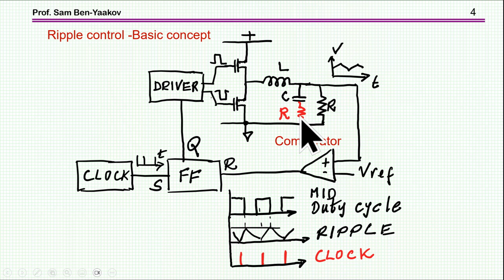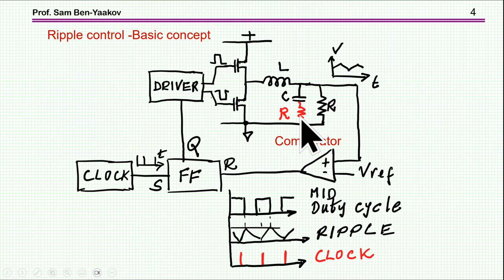Well, it's not exactly at the peak, and the reason is that the comparator has some offset and delays, so it's in the couple of millivolt difference. And then when this is crossed here, this will be the end of the pulse. The turn on will be with the clock, which I'm not showing here, and the turn off is when this voltage is reaching the reference level. So this is the basic idea.